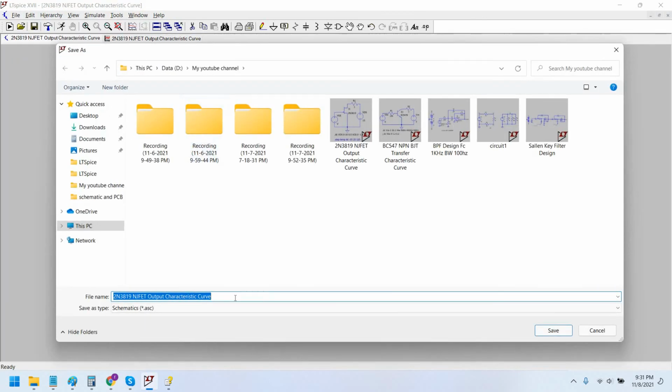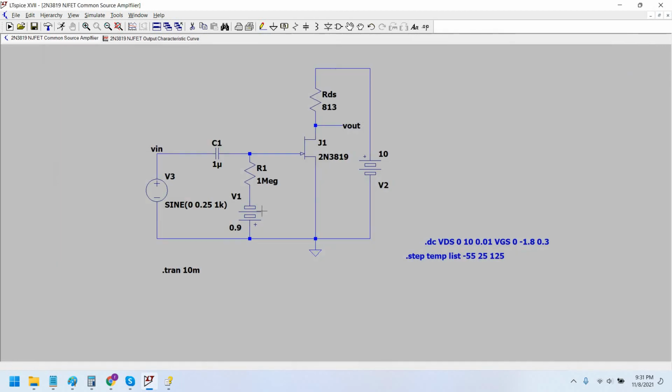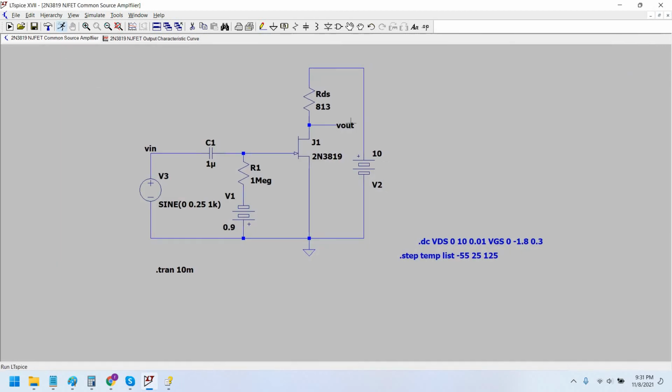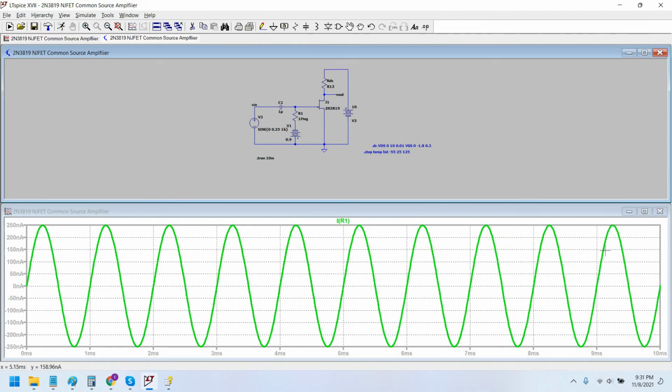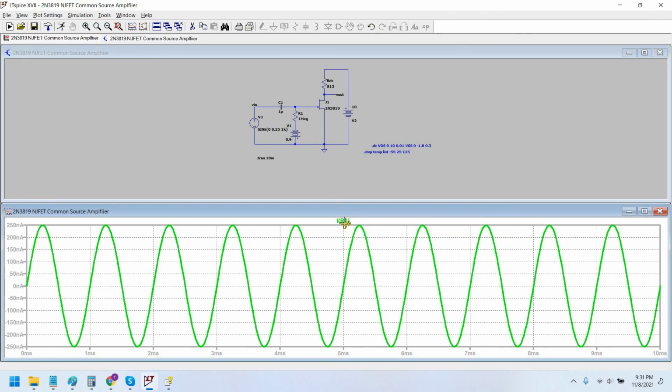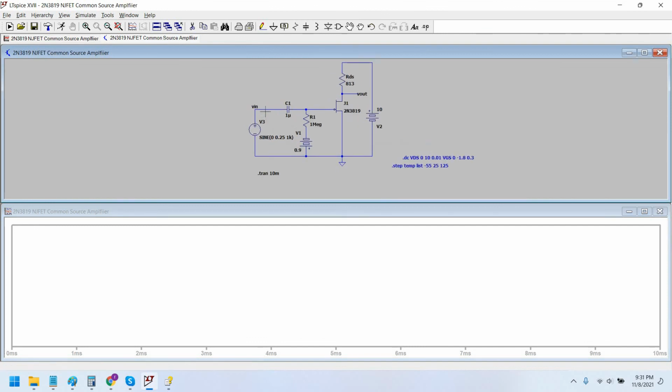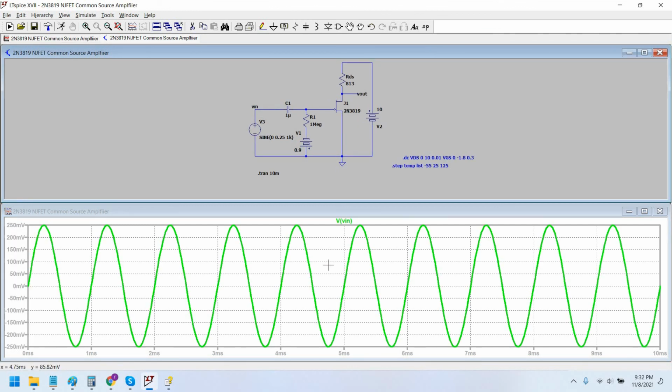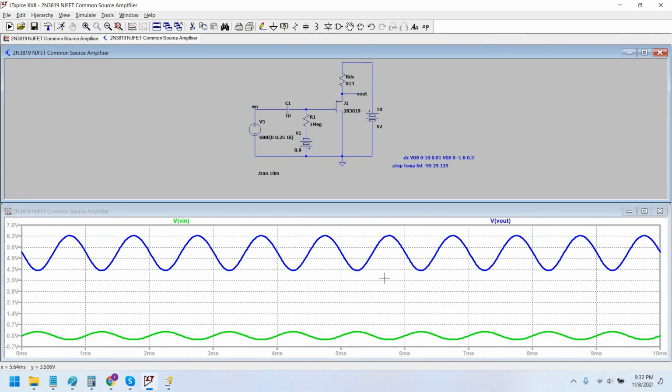Let's save this. Begin, and let's see what V out comes.